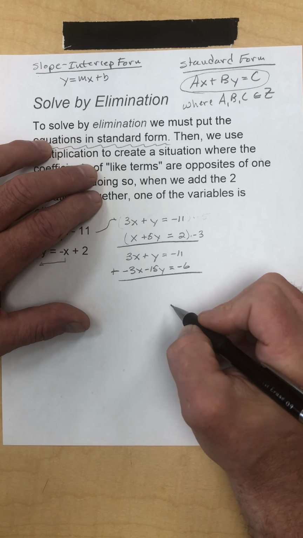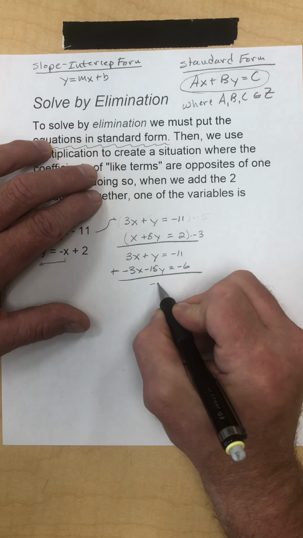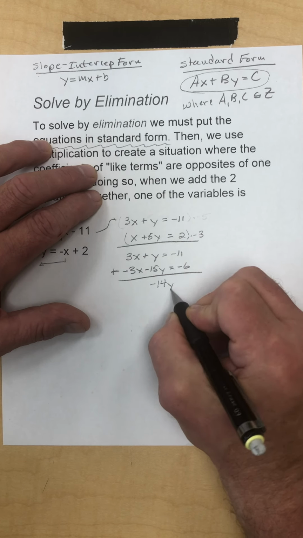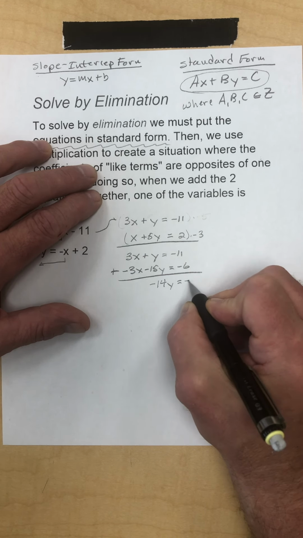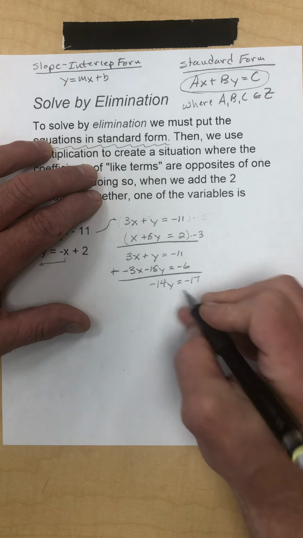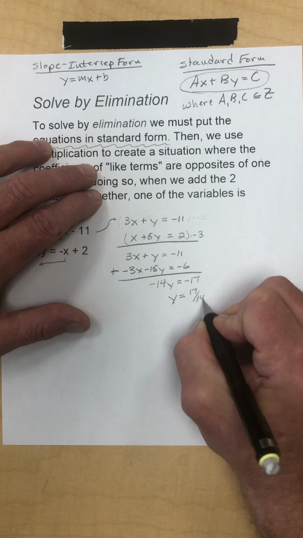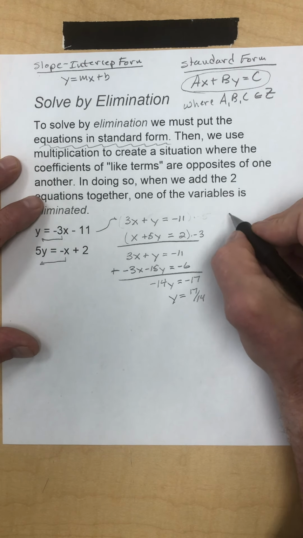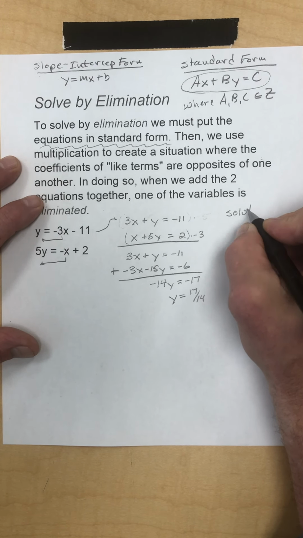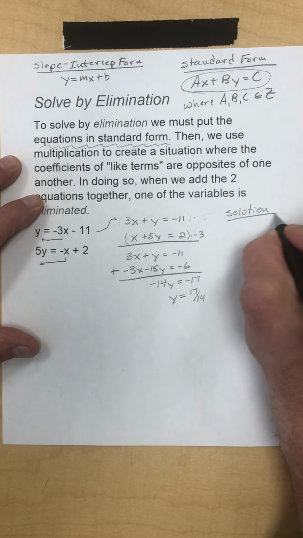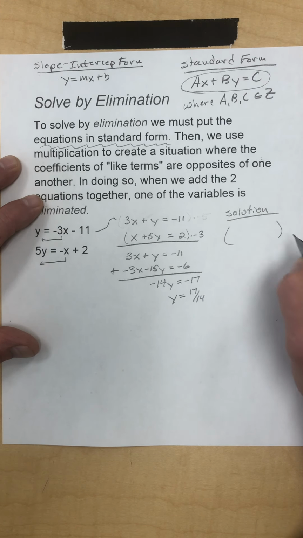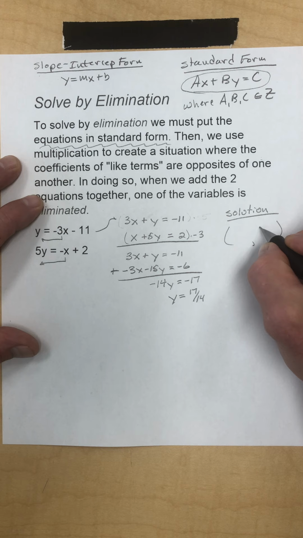The x's go away, and I get negative 14y equals negative 17. When I divide through, I get y equals a positive 17/14. I'm glad we finally have one where we get a fraction, because that happens all the time. My y coordinate is 17/14.